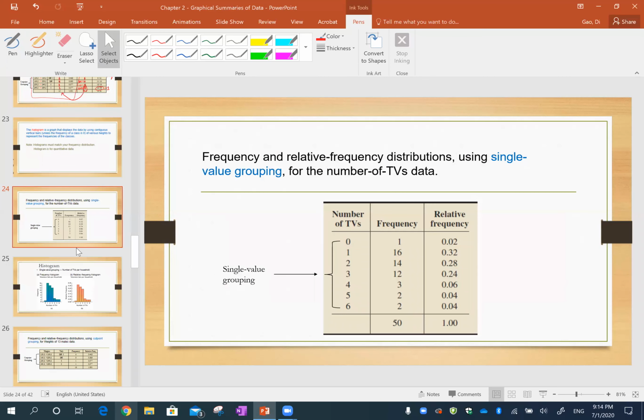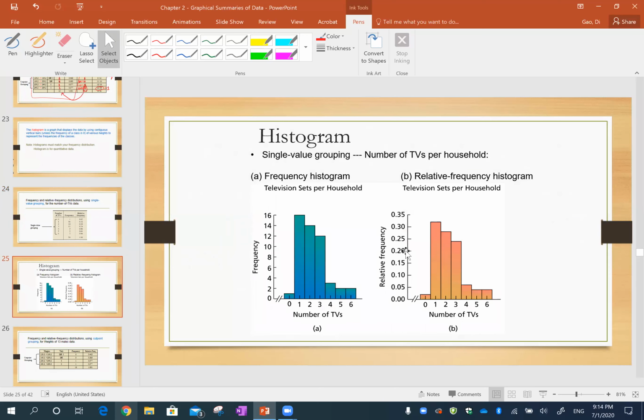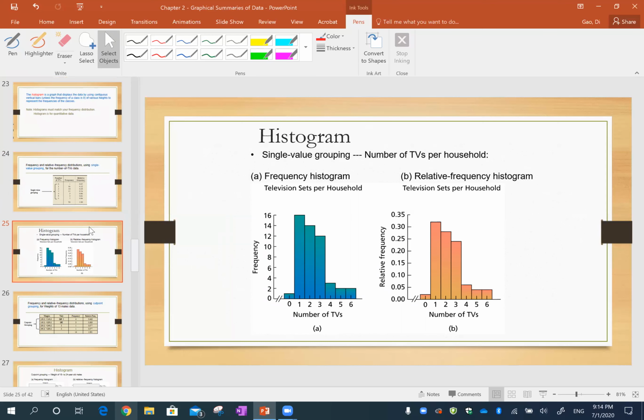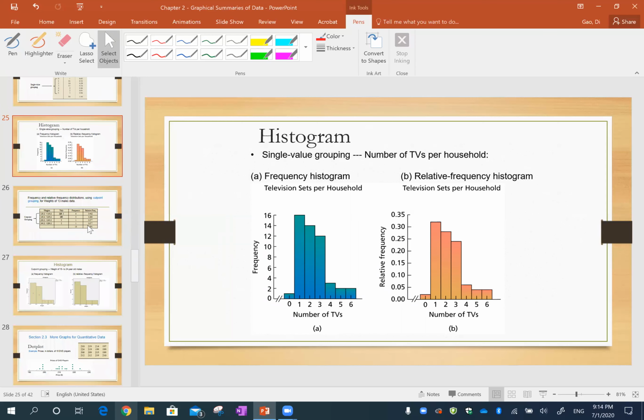So let's look at the number of TV data set, and then we can generate a histogram for this single value grouping. Like we mentioned before, you still have different categories, numerical values, but the bars now stay together because it is a histogram now.